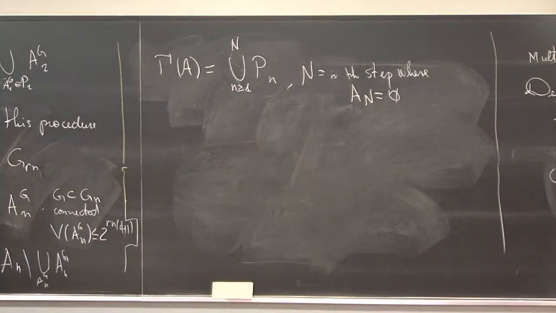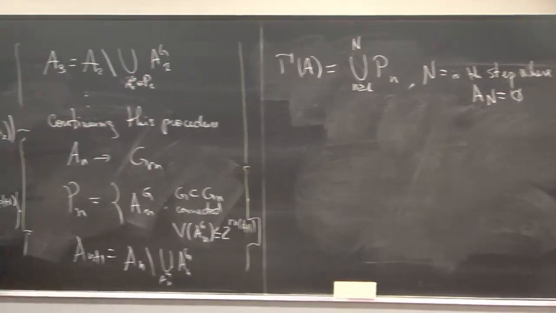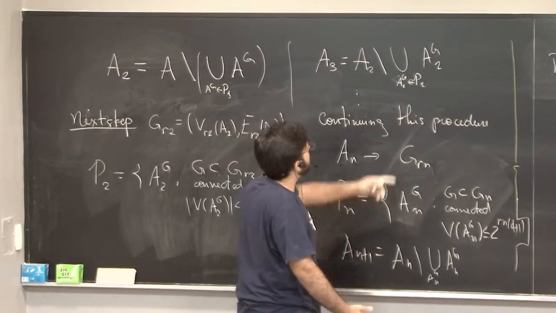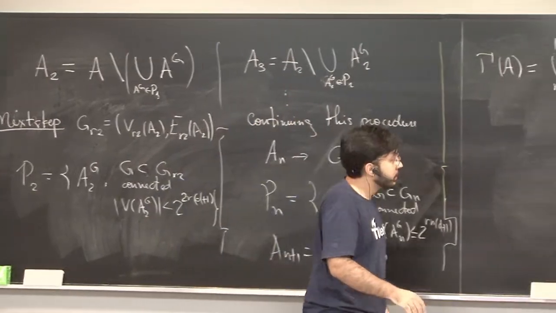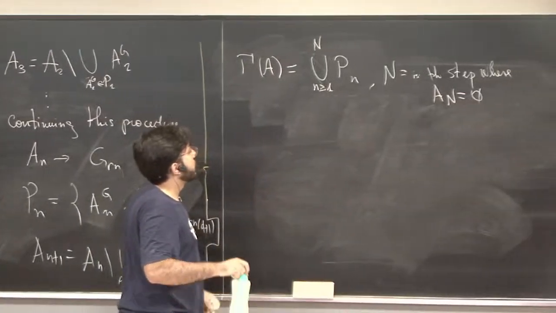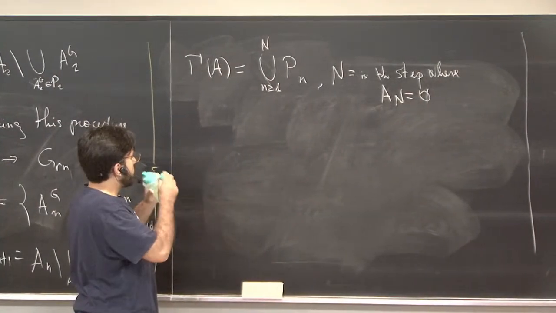And again, this will happen because the cubes are getting bigger and bigger, and you are always extracting something from A, and the set is finite. So eventually it will get the empty set.